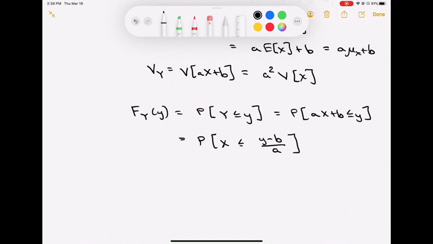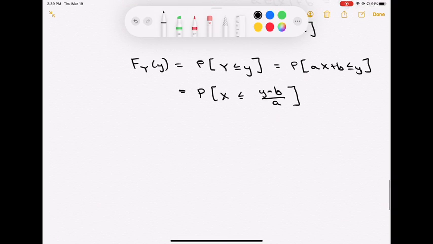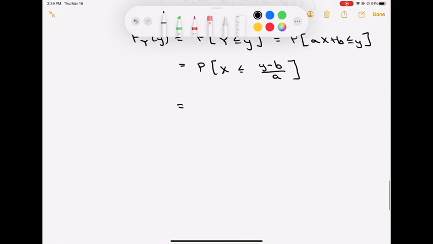So the CDF here of Y turns out to look just like the CDF for X, which for a normal random variable, we know exactly what it looks like. The CDF is going from where things start, so minus infinity in this case, to whatever value we are interested in finding the CDF point up to. So in this case, that's little y minus b divided by a.